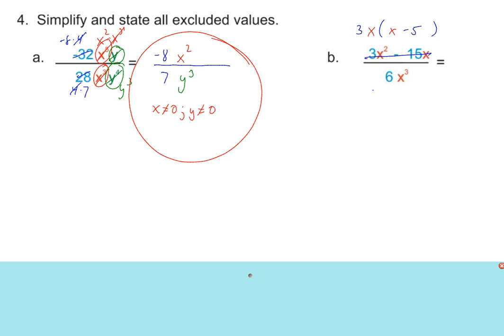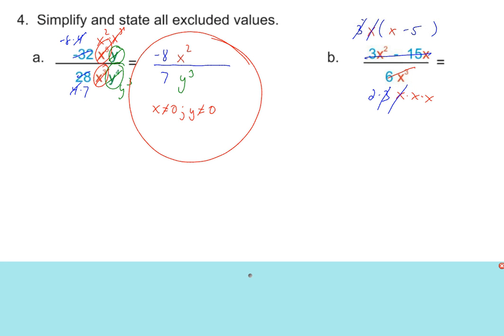Now the bottom is a 2 times a 3. If I were to write it out, we wouldn't do this normally, x times x times x, right? There's your 6x cubed. So 1, 2, 3, 4, 5 possibilities of reducing at the bottom. But clearly, this top 3 divided by a bottom 3, that's a 1. This top x divided by one of the bottom x's, that's a 1. And that's it. It's all we can do.